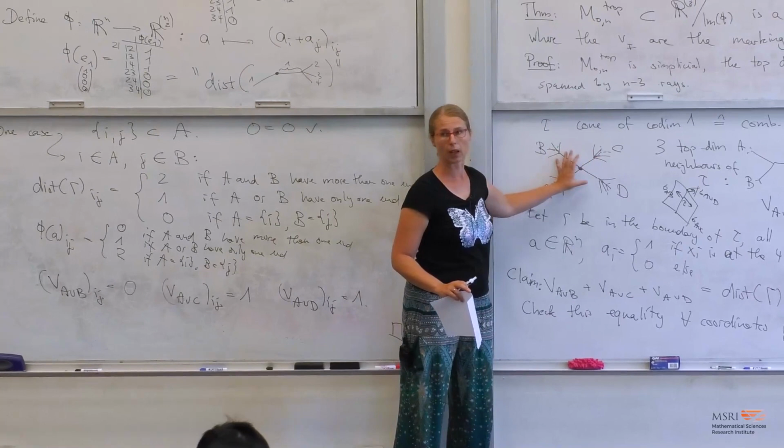Maybe I shouldn't have. But let's just process this and then forget the notation, okay? So here, sigma prime were the top dimensional cones in sigma 1 and sigma, their boundaries, so to say. Now let's forget this. And now sigma prime is a top dimensional cone in f star of sigma 1. And then, of course, this top dimensional cone is hit by some guys in sigma 1. I call those sigma now.